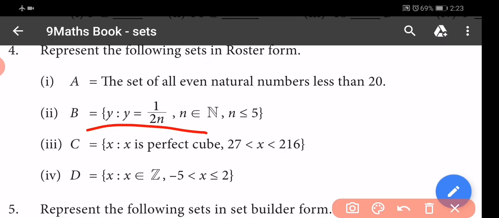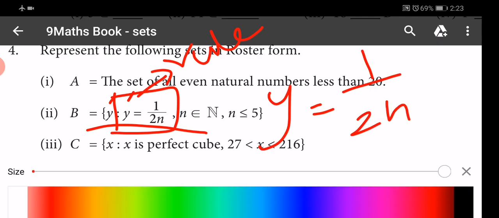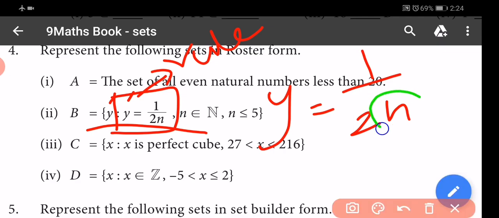And the second one is in set builder form. Here all the elements are y, where y is equal to 1 by 2n. That is the rule or formula. Here we apply n belonging to the natural numbers, where capital N represents the set of natural numbers.